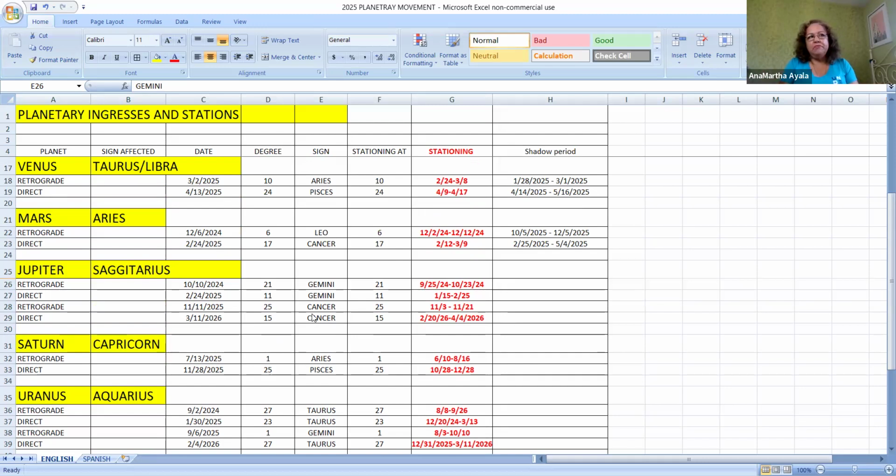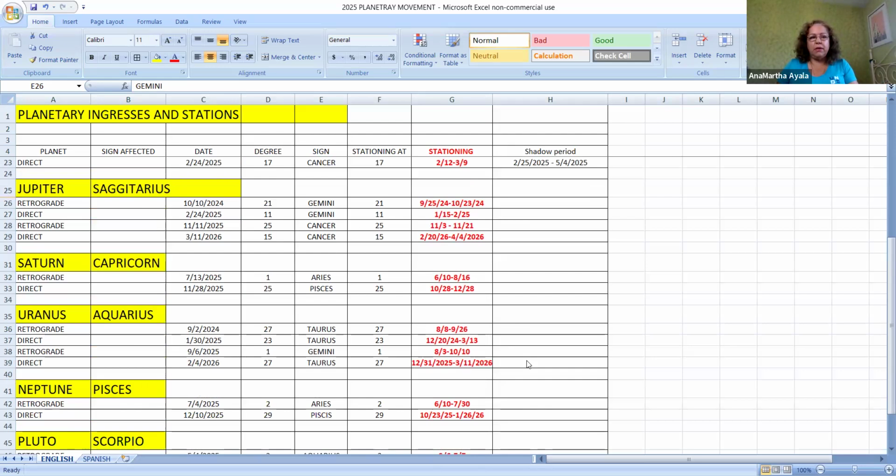But any procedures that can be postponed with Mars or Pluto retrograde, I would not, especially for Mars. Of course, this is not medical advice, you can consult your doctor, but I'm saying from an astrological point of view, this is what I would stay away from.